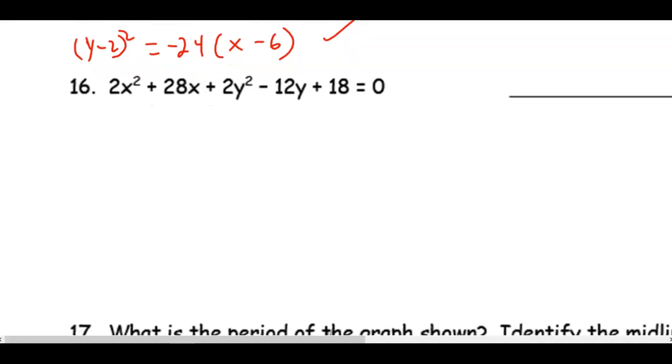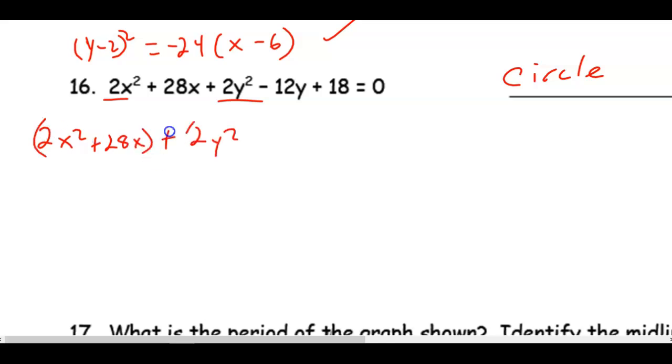Alright, and then right here, this one has an x squared and a y squared, but because those have the same leading coefficients, this is going to be a circle. So completing the square, group the x terms, and then move the constants to the other side.